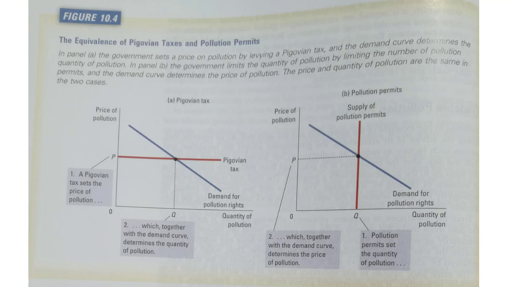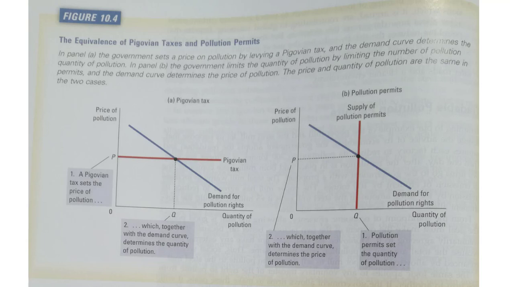So either by setting a tax or by limiting the number of pollution permits, the government limits pollution. This is exactly what's happening now with the oil industry.